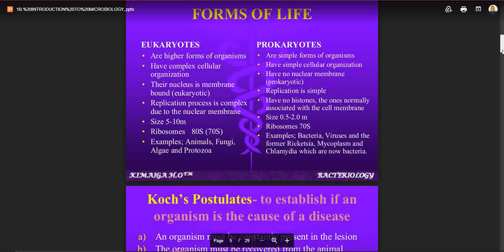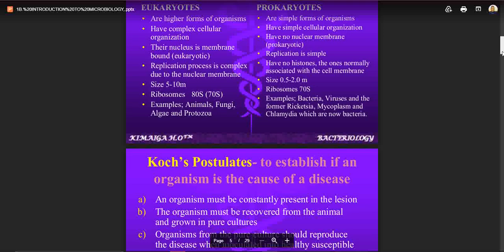Size in eukaryotes is 5 to 10 micrometers, while in prokaryotes it is 0.5 to 200. Ribosome types in eukaryotes are 80S and 70S, while those in prokaryotes are only 70S. Examples of eukaryotes are animals, fungi, algae, and protozoa, while the prokaryotes are the viruses, the bacteria, and forms like rickettsia, mycoplasma, chlamydia, archaea, all those ones.